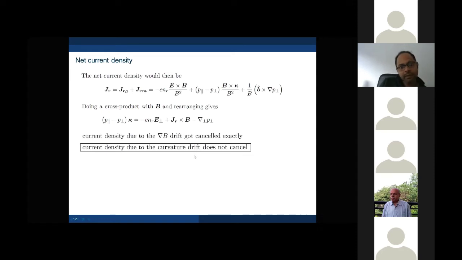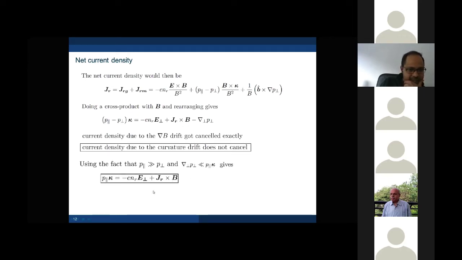But in the presence of a relativistic electron current, the curvature drift component does not cancel off because P parallel is far larger than P perp, because this is relativistic momentum actually, and because of that, the nature of the equilibrium changes significantly.